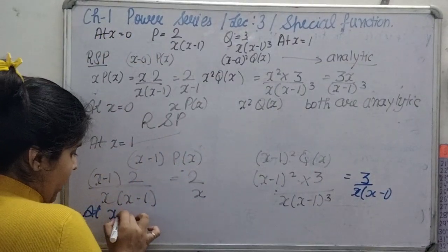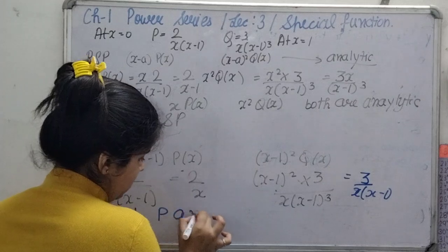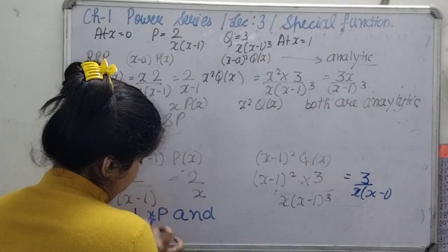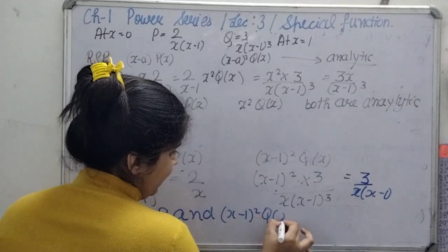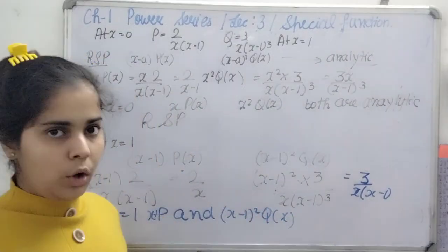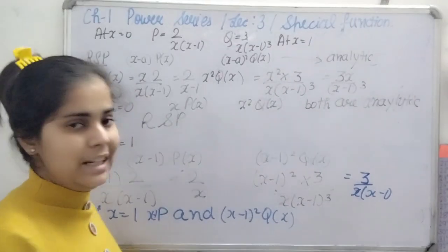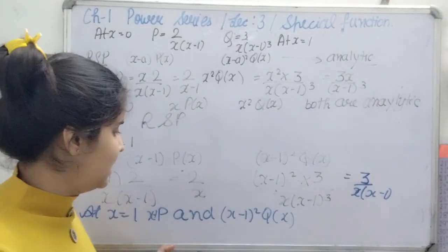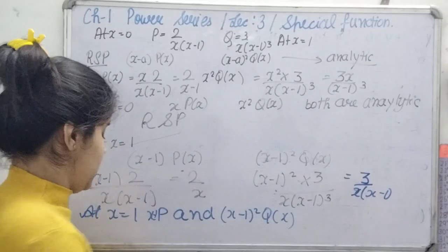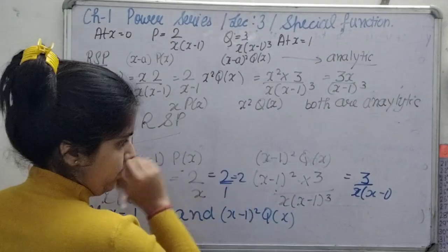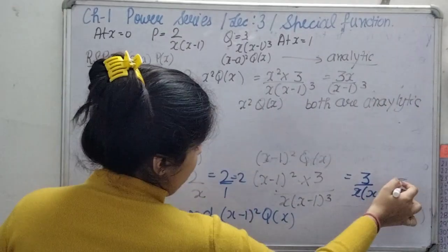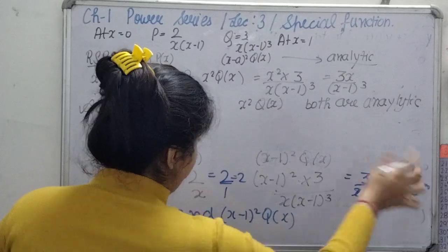So at x is equal to 1, we check whether x minus 1 px and x minus 1 square qx are defined or not. Defined means analytic or not. If they are analytic, then it is a regular singular point, otherwise it is irregular. So at x is equal to 1, putting 1 here, it will come 2 upon 1, that is 2. And here putting 1, it will come 3 upon 0, that is infinity.